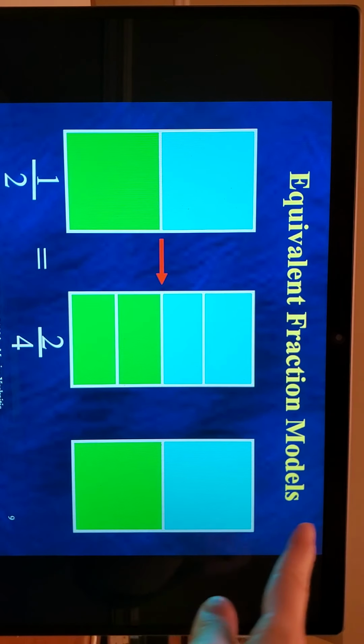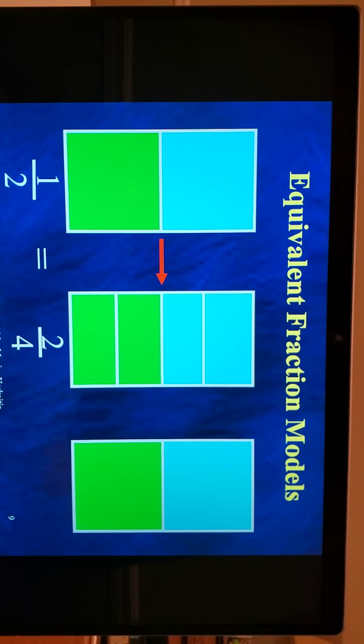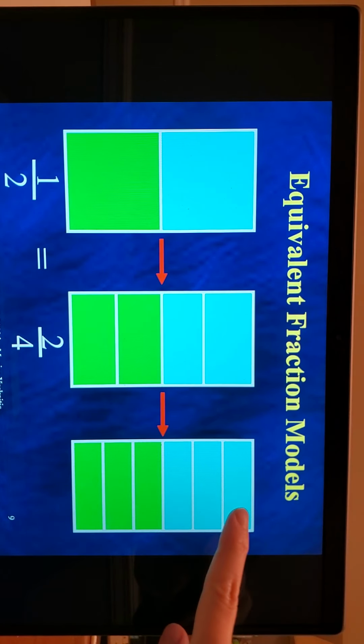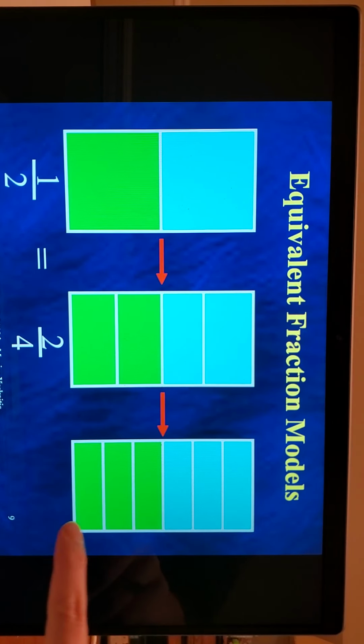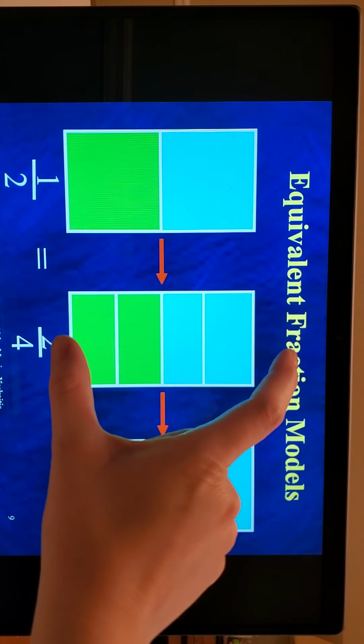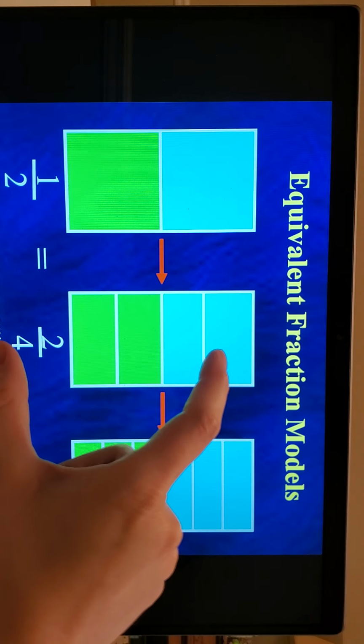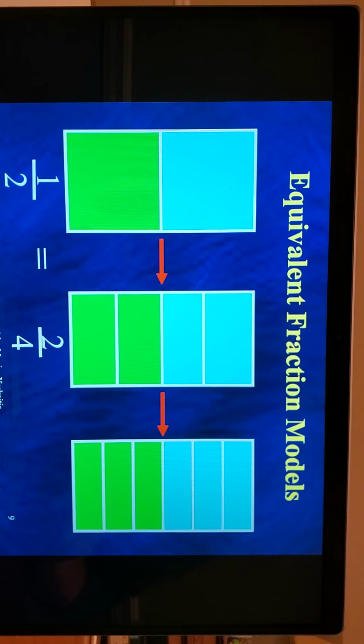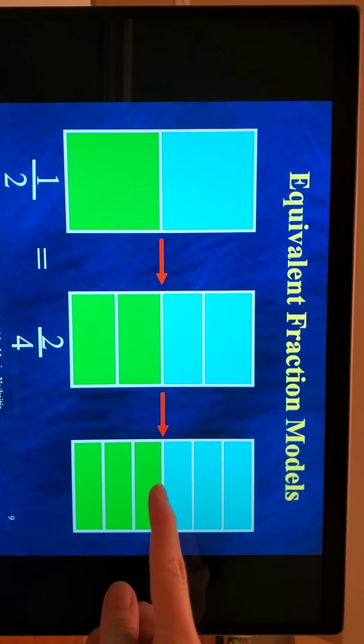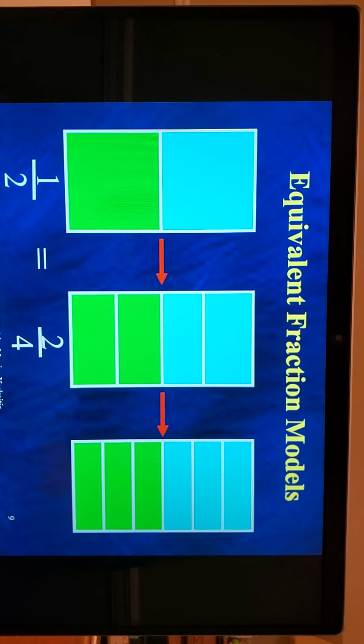Okay, let's try again. We're going to take this rectangle, and this time we're going to split it into 6 equal-sized pieces. Again, the rectangle is exactly the same size. We have the same whole that we are working with, and this time we have 3 out of 6 pieces that are green.